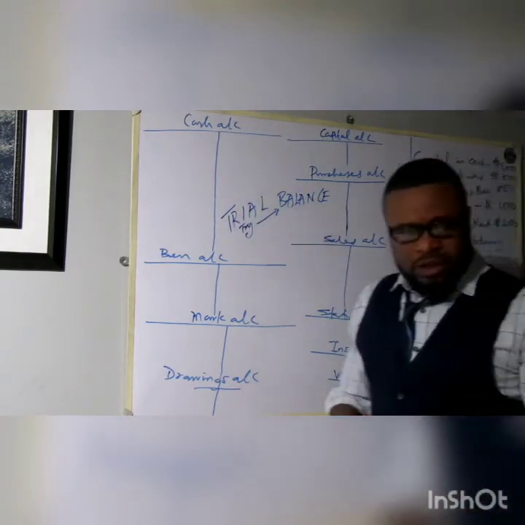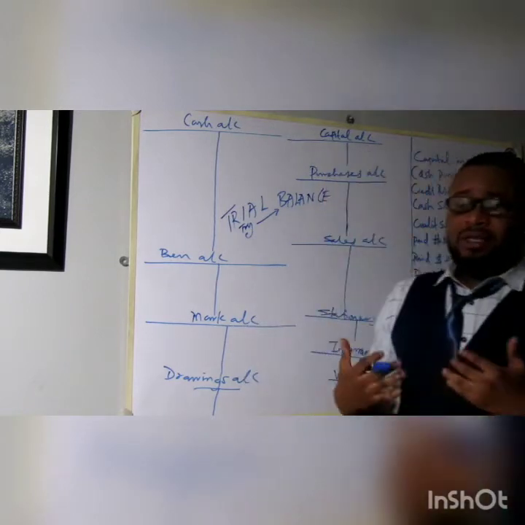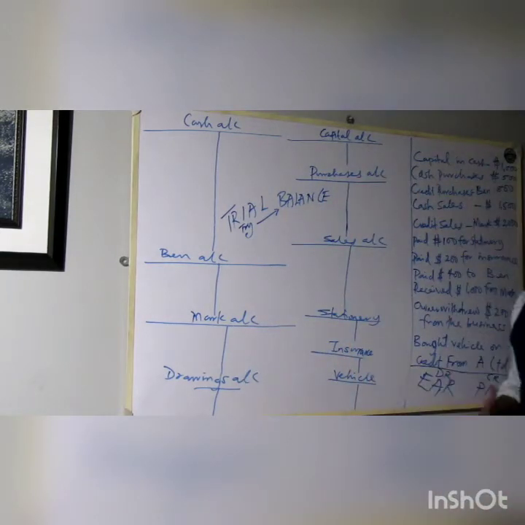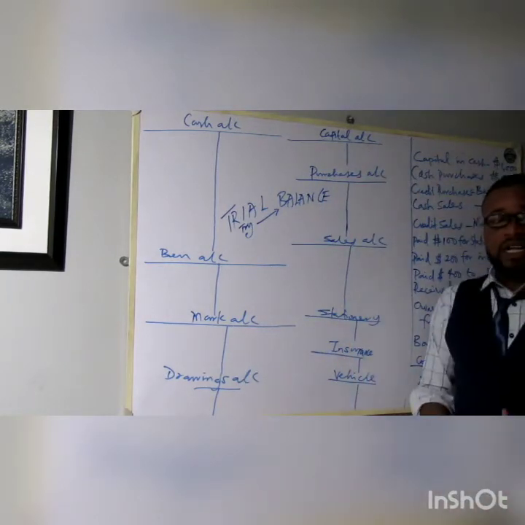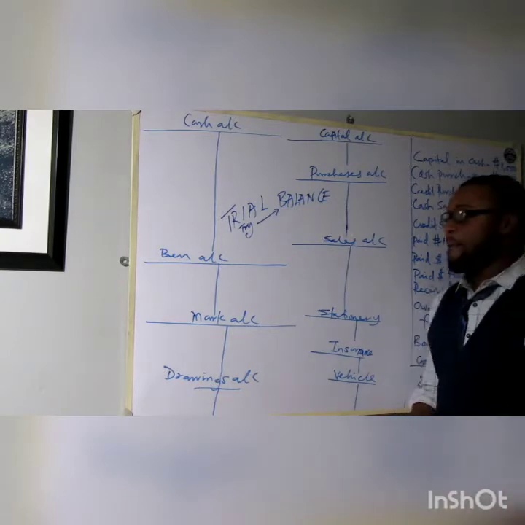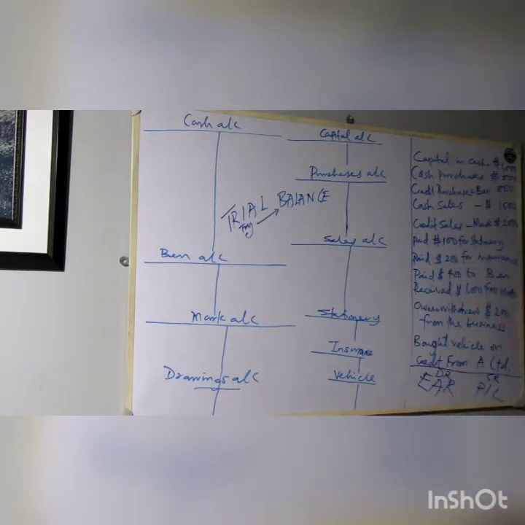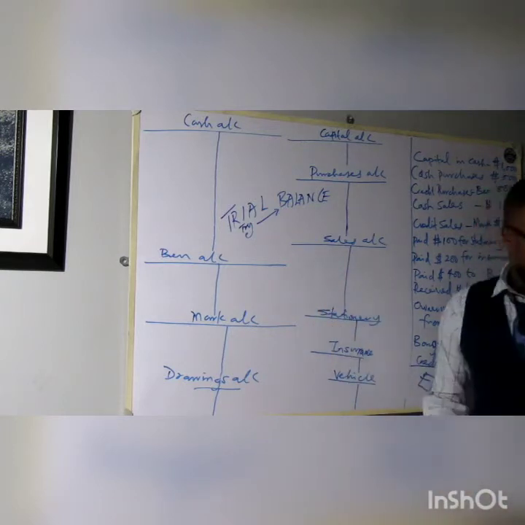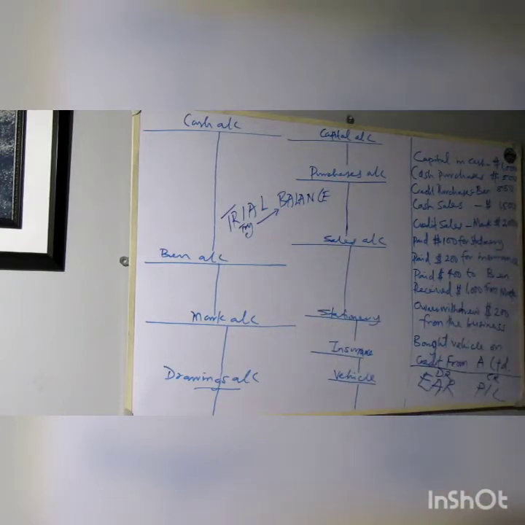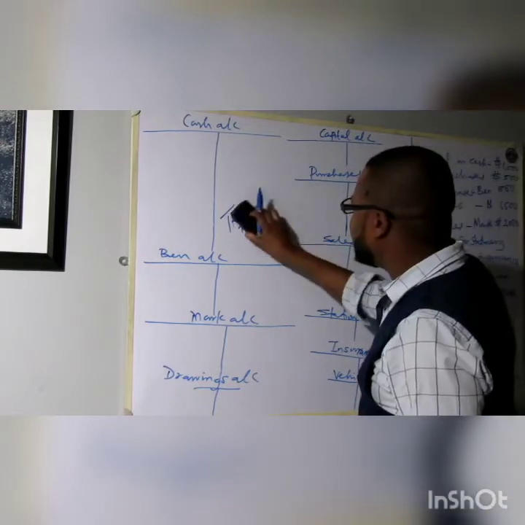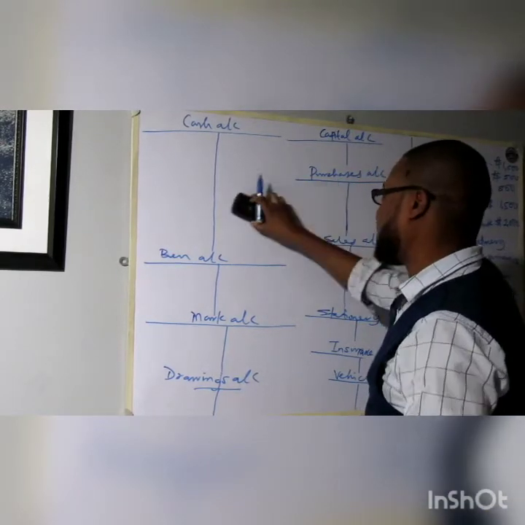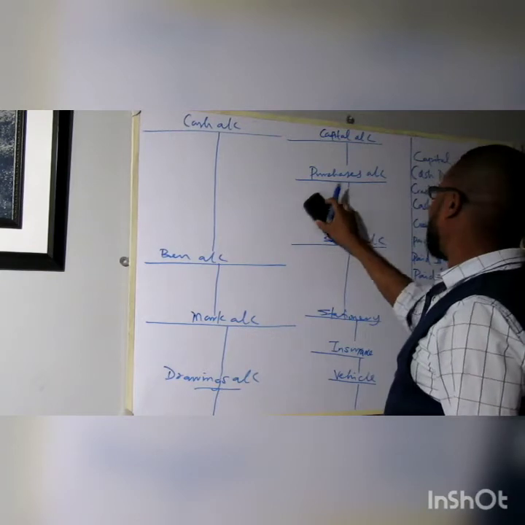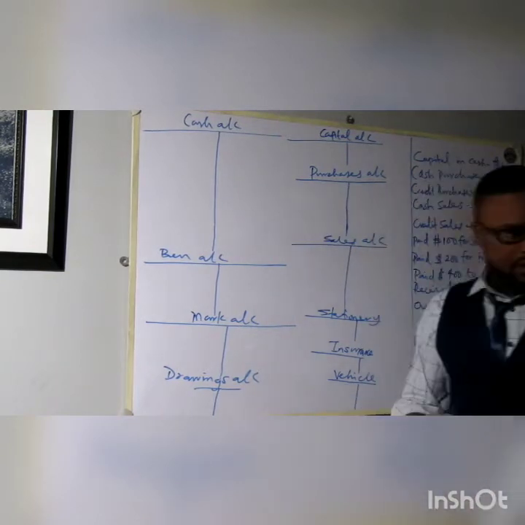So we say the trial balance is a statement that lists all the account balances drawn from the ledger accounts and which seeks to test the arithmetic accuracy of all the postings made into them. So that's what it is all about, the trial balance. Unlike almost every account that we have, this has two sides, the debit side and the credit side.